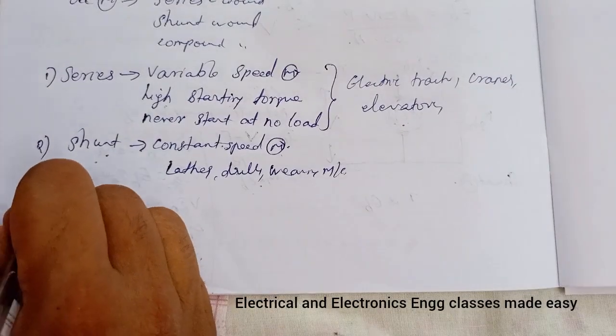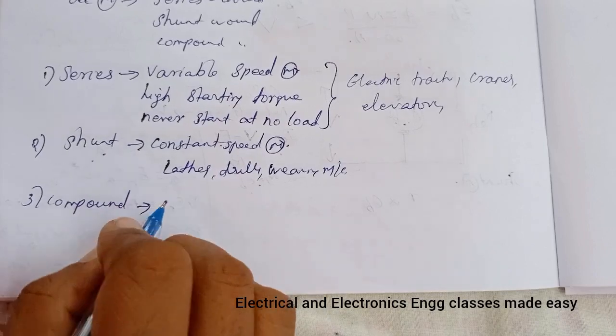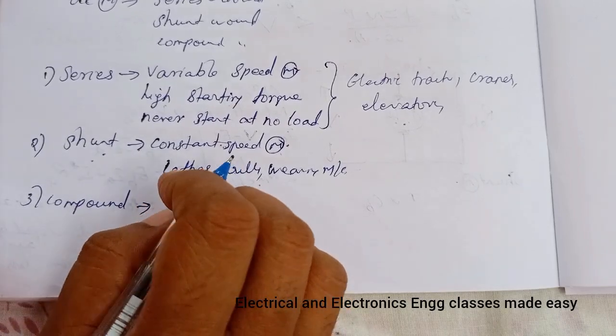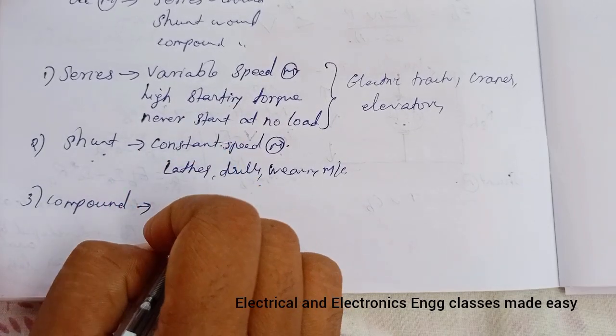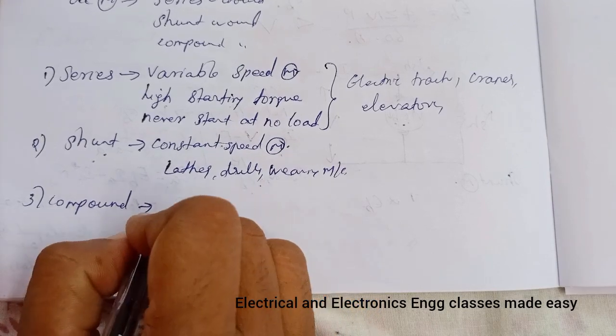Then compound motors. Differential compound motors are rarely used because of their poor torque characteristics.